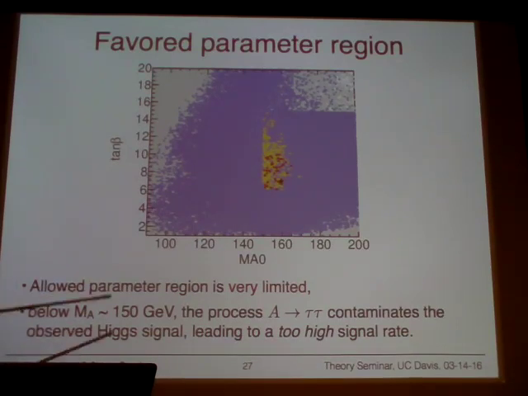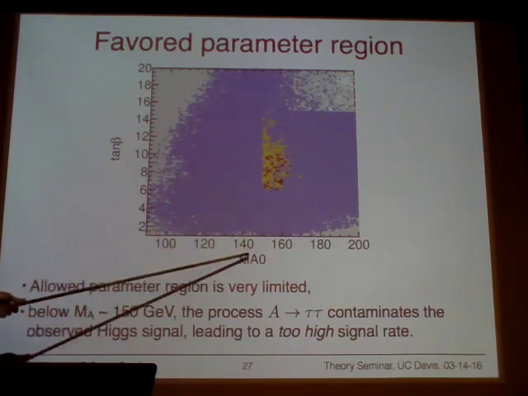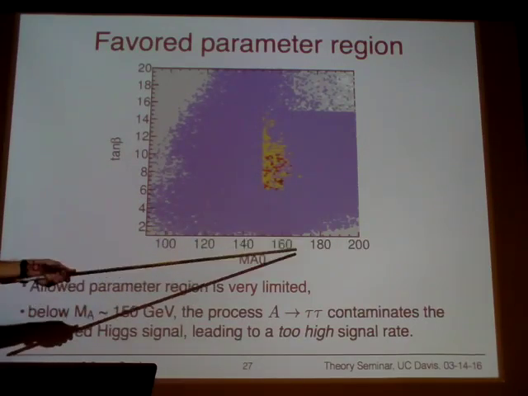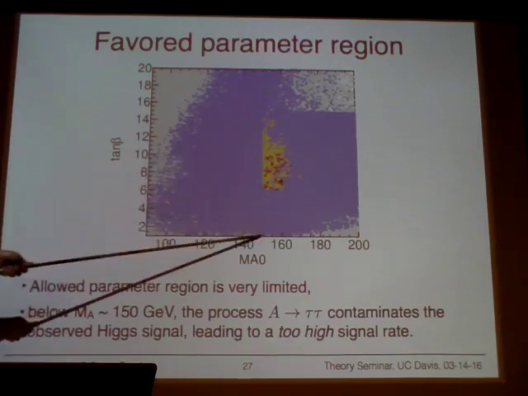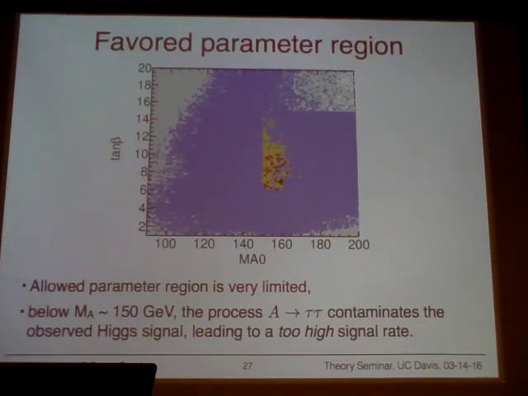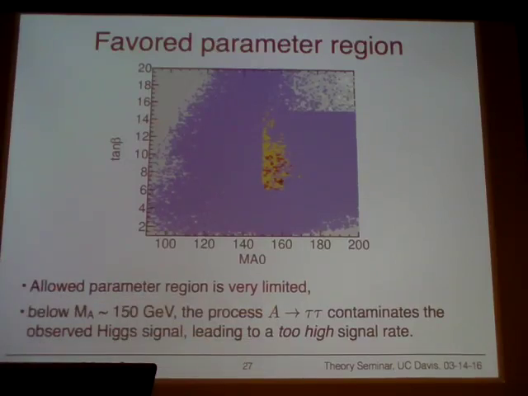Okay, a few results on this heavy Higgs interpretation. It is a very narrow and limited parameter region here, where MA is between 150 and maybe 165 GeV. What happens at this edge, there's a very sharp edge at 150 GeV, and that has to do with HiggsSignals taking the pseudoscalar Higgs into account in the tau mode, because the tau mode has a very poor mass resolution.